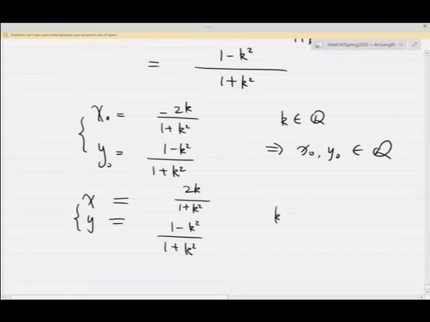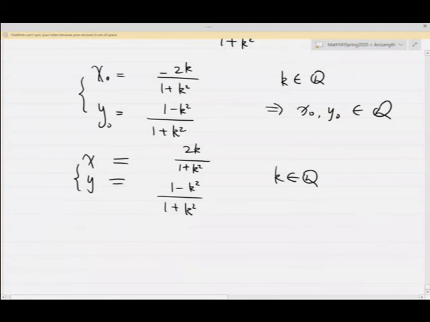Okay, so k is rational. This contains every solution except one. This includes every rational solution on the unit circle, except one point: when y is negative 1, x is 0.